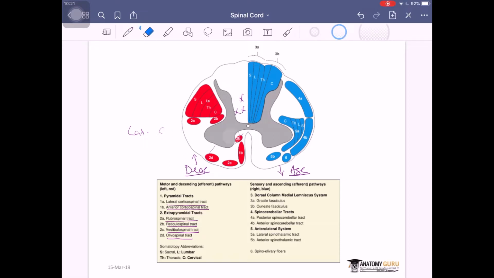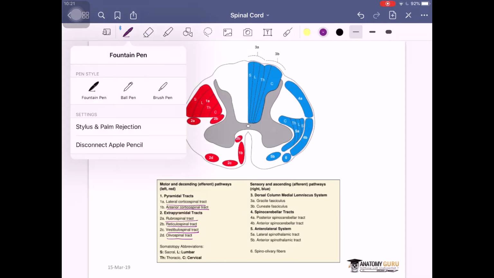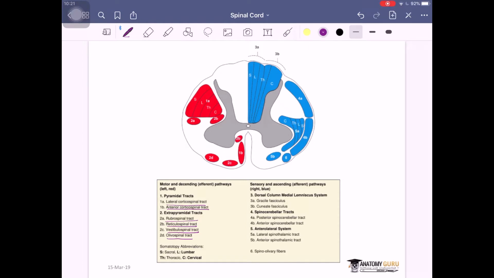Also please notice that if I put the blue structure over the red, whatever area is left out here will all be bilaterally present on this side. So these are your tracts which are arranged this way.